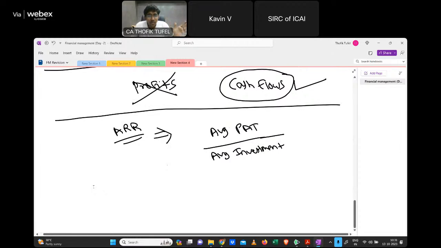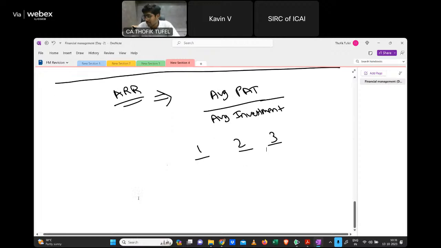Since we are doing a multi-year period, suppose you are having cash flows for year 1, year 2, and year 3. The first thing you have to do is identify the PAT. How to identify the PAT? You already know that we have to draw the income statement. Suppose details are given: sales minus variable cost, you will get contribution.